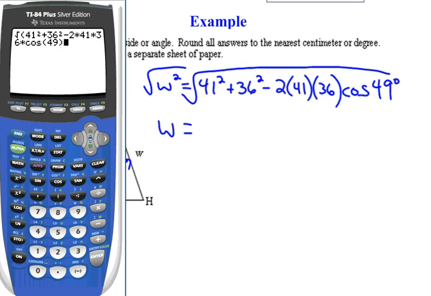Close off the parentheses for the cosine of 49. Close off the parentheses for the square root. Hit enter, and there's our side length. 32.2, which they asked us to round to the nearest centimeter. So we'll say W is approximately 32 centimeters.